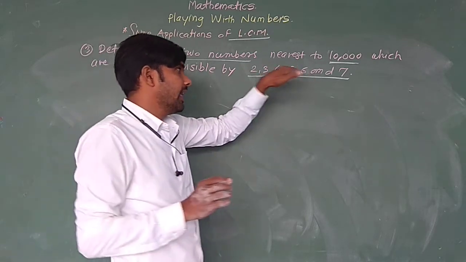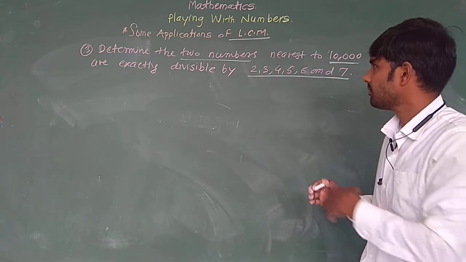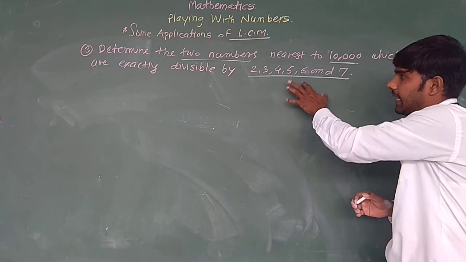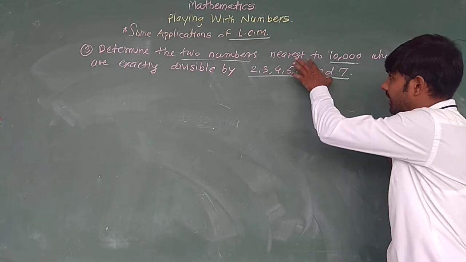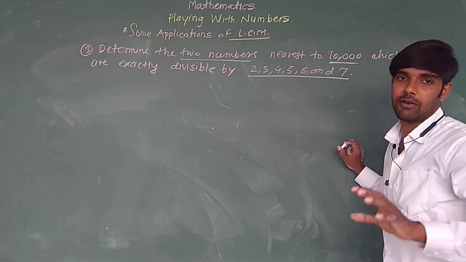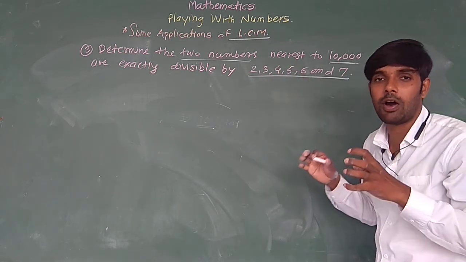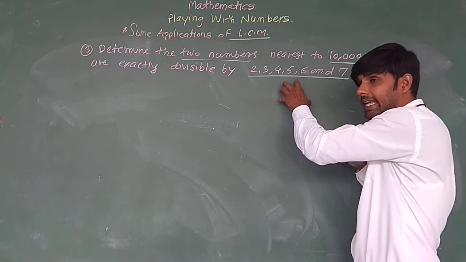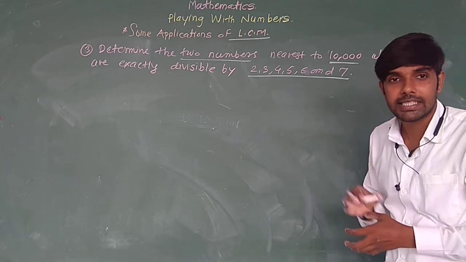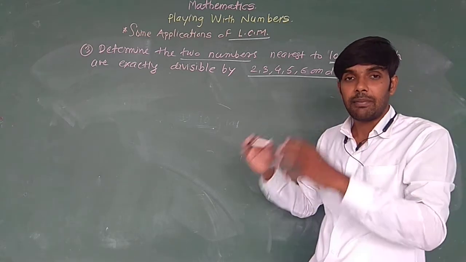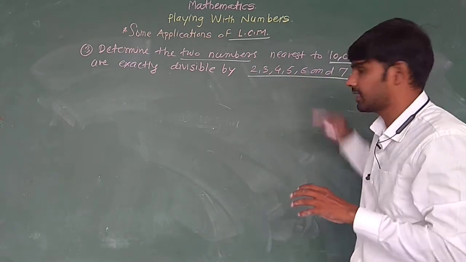First we find the LCM, and then we divide 10,000 by that LCM, because we want the nearest number to 10,000. After deriving the LCM we get the lowest number exactly divisible by these numbers. But our required answer is not the LCM. Our required answer is the number nearest to 10,000 which is exactly divisible by these numbers.